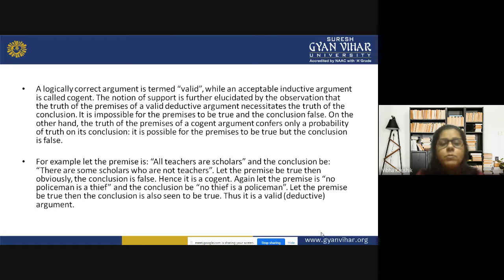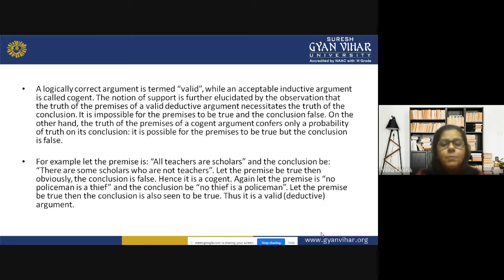It is impossible for the premises to be true and the conclusion false. On the other hand, the truth of the premises of a cogent argument confirms only a probability of truth of its conclusion. It is possible for the premises to be true, but the conclusion false.